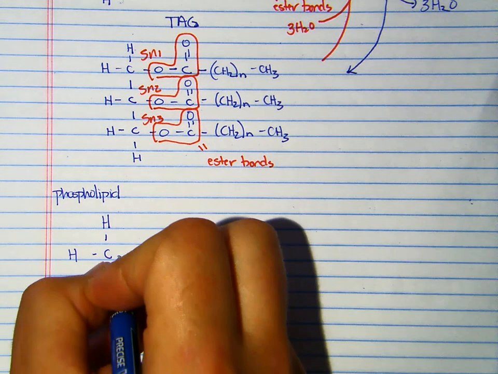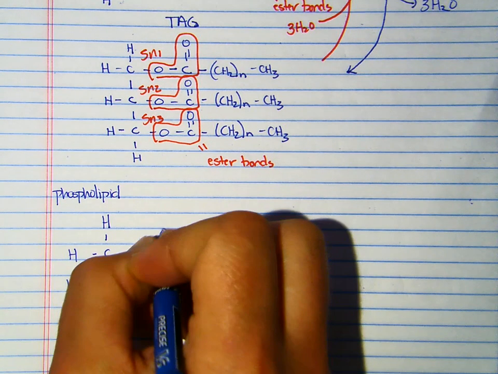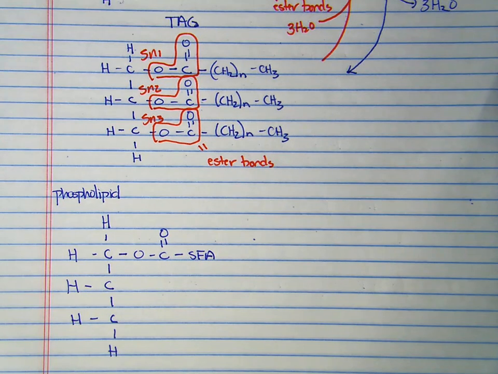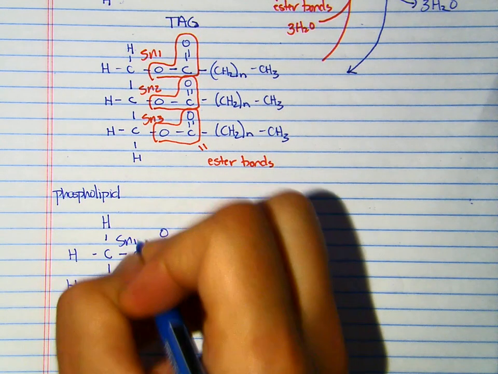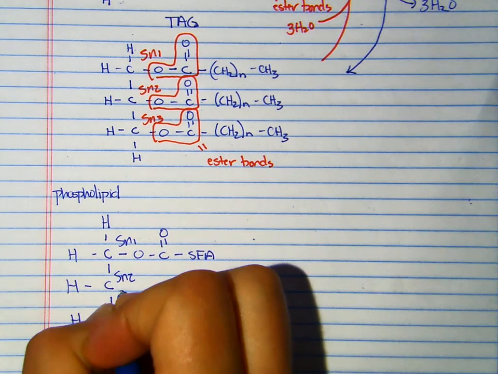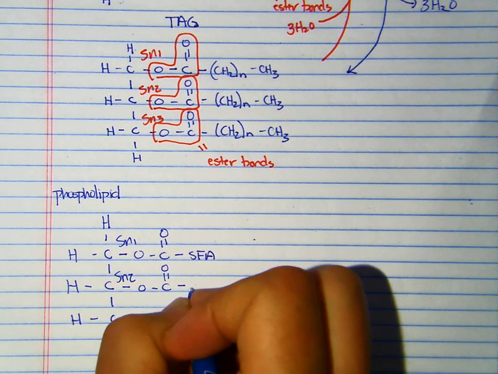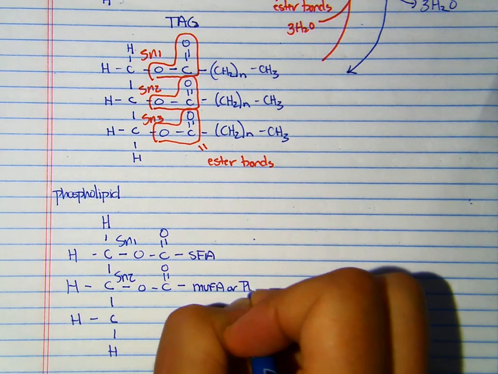And this time at the SN1, we're going to have a fatty acid. But what we're going to know about this fatty acid is it's generally a saturated fatty acid. At the SN2 position, we're going to have another fatty acid, and it is typically a MUFA or a PUFA.